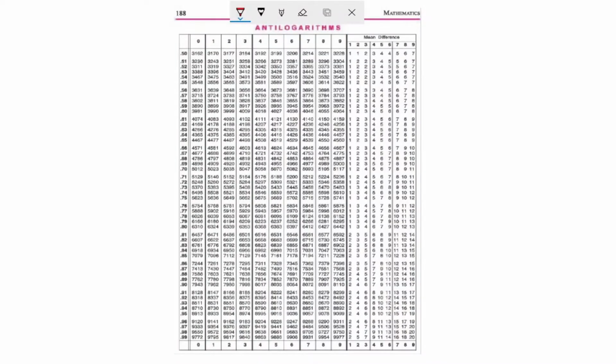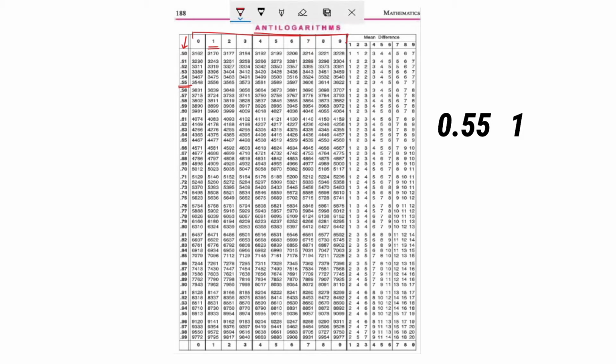From the anti-logarithm book, we have to find 0.55, that is here in this particular column. And then 1 and 1. What is the 1? 1 is the difference part you have to look for. Difference comes here, that is this particular column, and our number was 1.